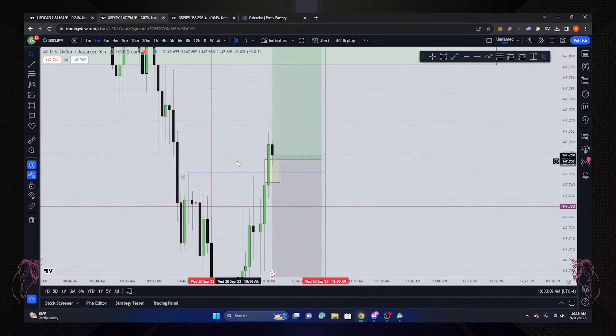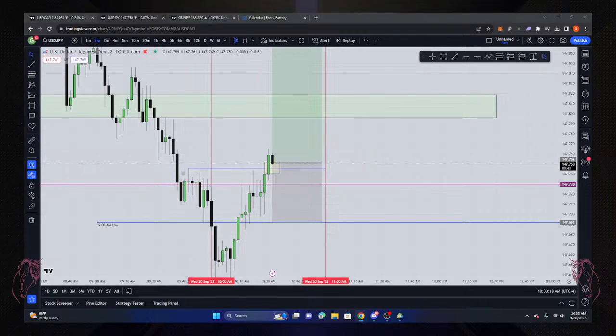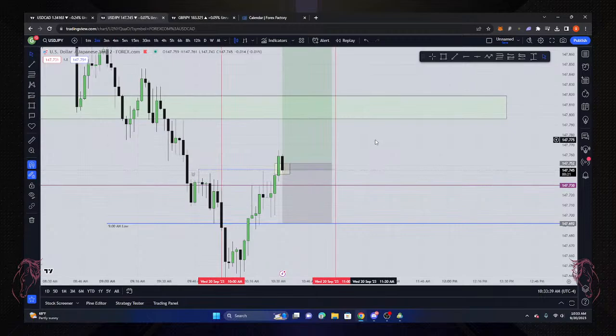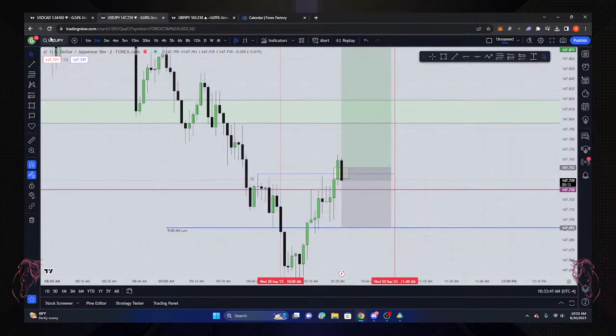If the 2-minute closes with an FVG above this level, it might be a good entry for us. So, no FVG on the 2-minute time frame.